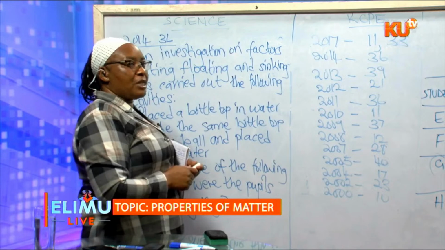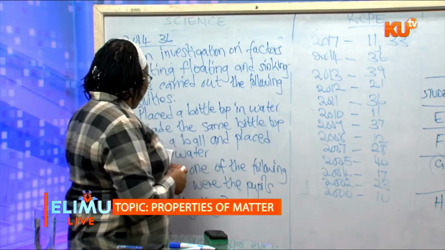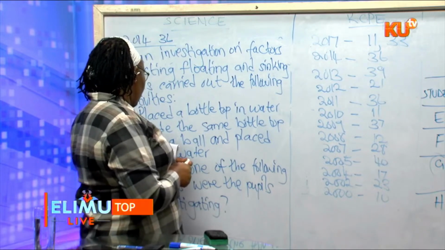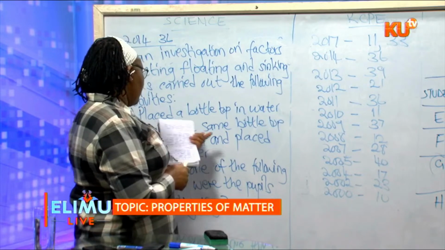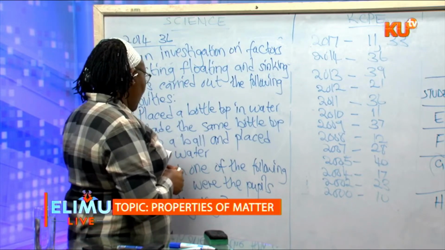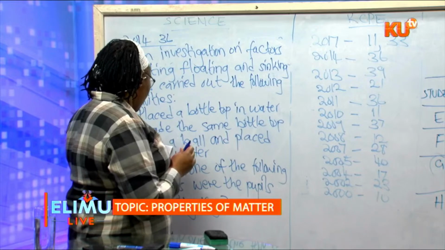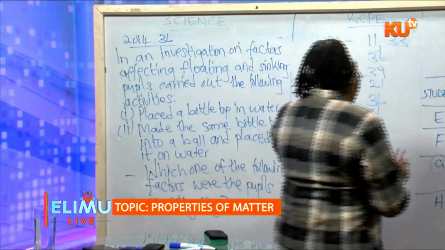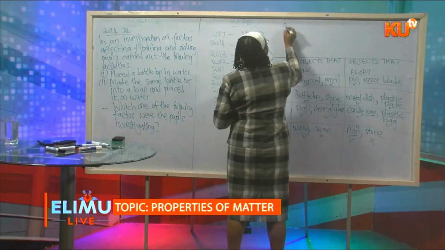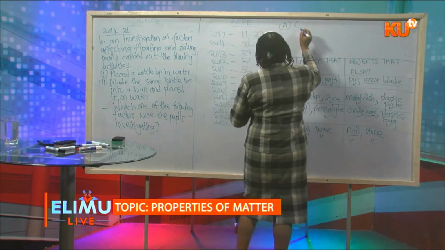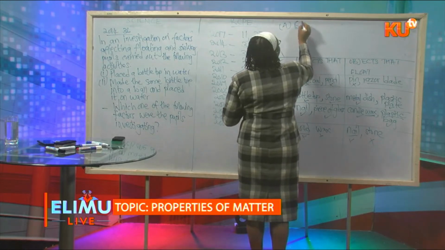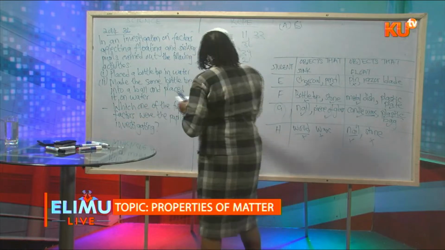Although it is made of metal, its shape will make it float, although metals are sinkers. Now, they made the same bottle top into a ball and placed it on water. Now, let us look at the choices given. A, size.